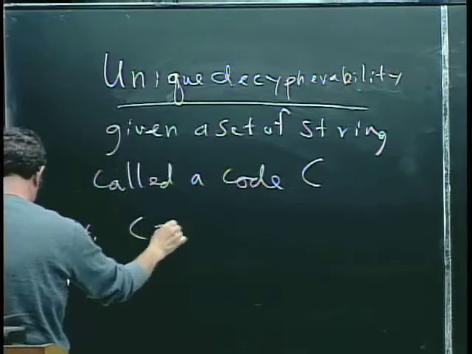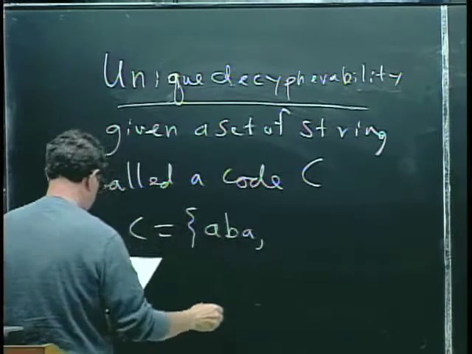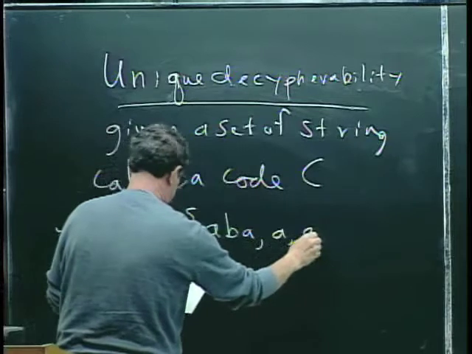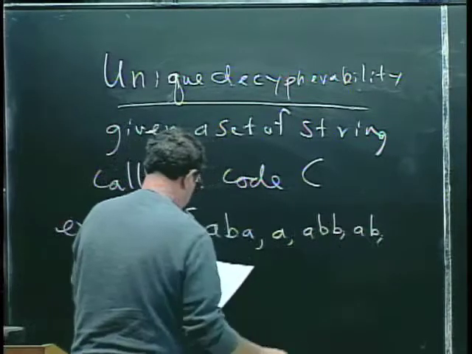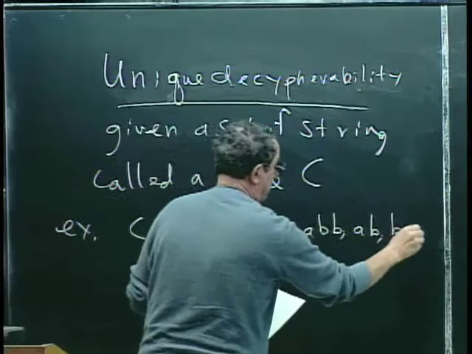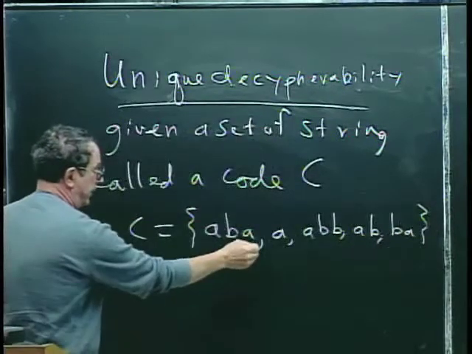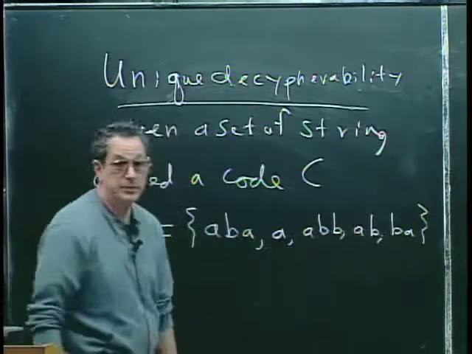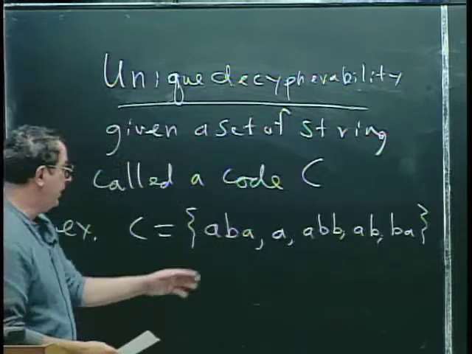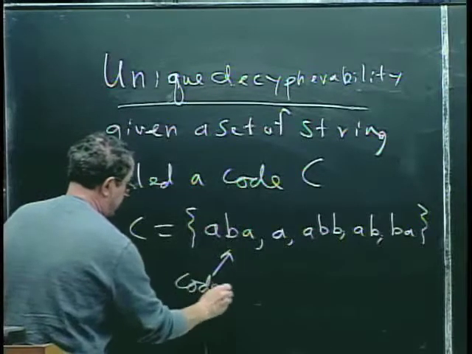For example, C could be ABA, BB, AB, and BA. Each one of these is a string. So this code has 1, 2, 3, 4, 5 strings. Each string is also sometimes called a code word.